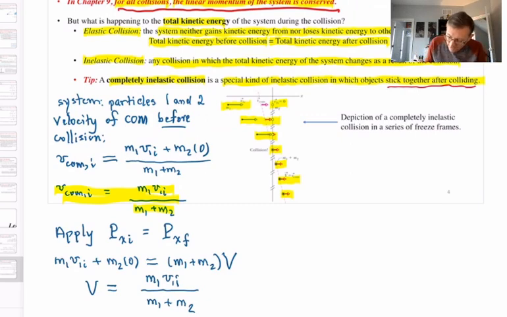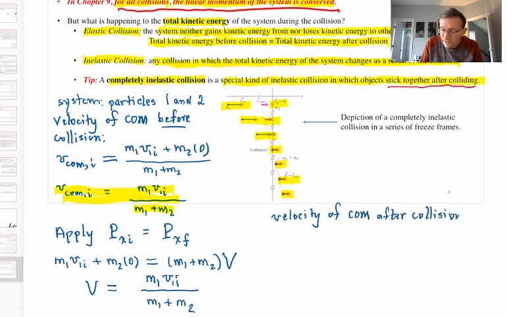Let's do one more thing, just to make sure it's all adding up. Let's calculate the velocity of the center of mass after the collision, using the same kinematic thinking that I applied before the collision. So VCOM final. Take the mass of particle 1 times its velocity plus the mass of particle 2 times its velocity over the total mass.